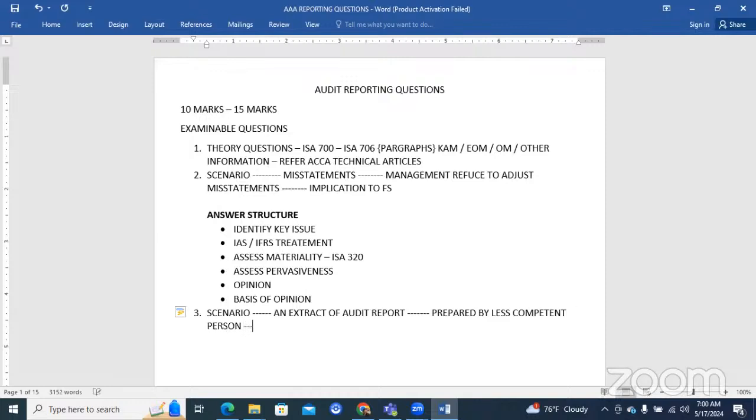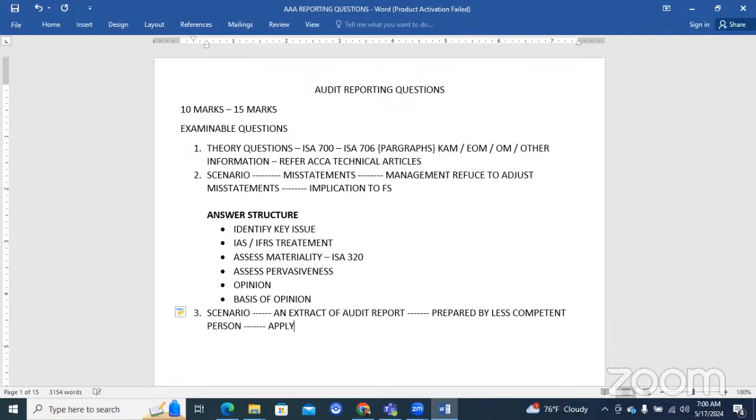Can be an audit junior, can be an audit senior. When an audit junior or audit senior prepares an audit report, the report consists of so many mistakes, so many non-compliances. So they will give you an extract of an audit report prepared by a less competent person within the audit team.